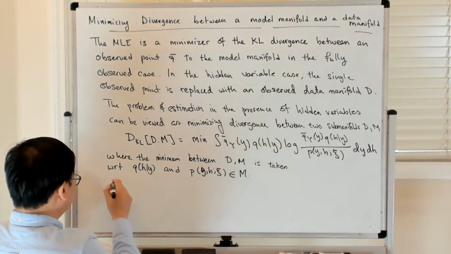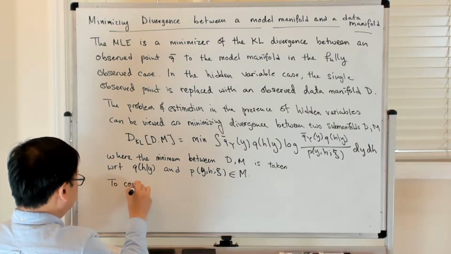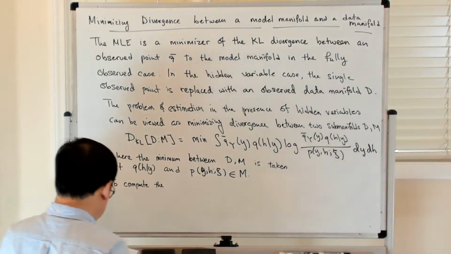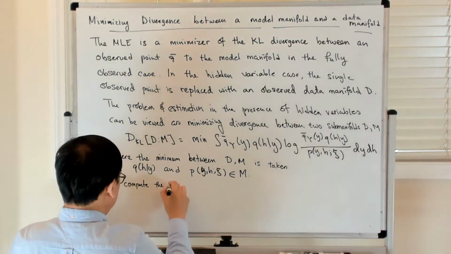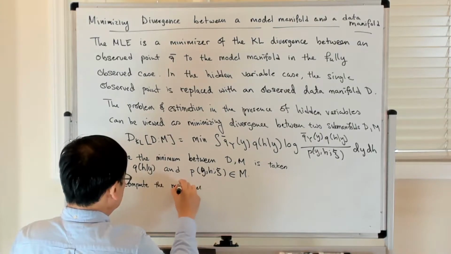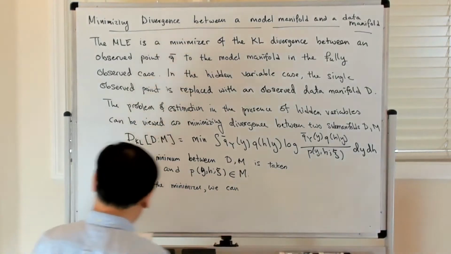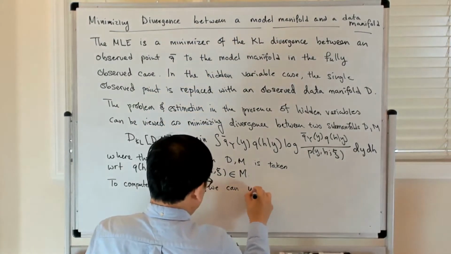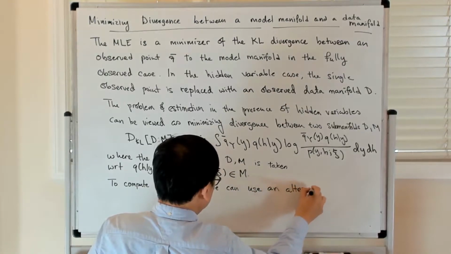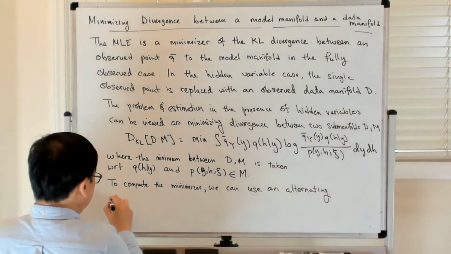So to compute the minimizer, we can use an alternating minimization algorithm.